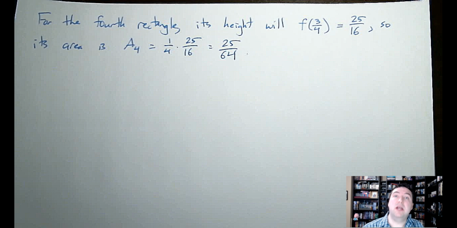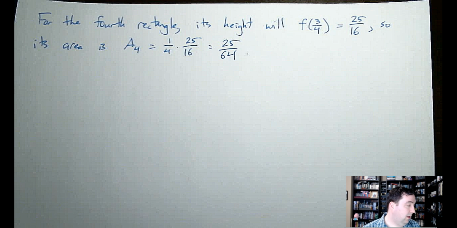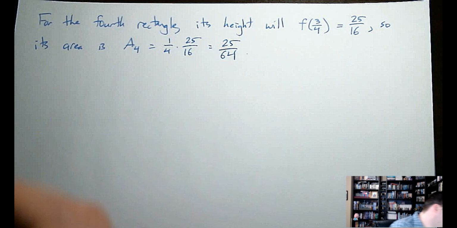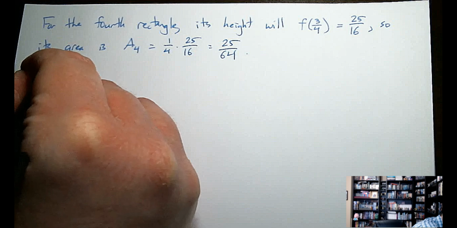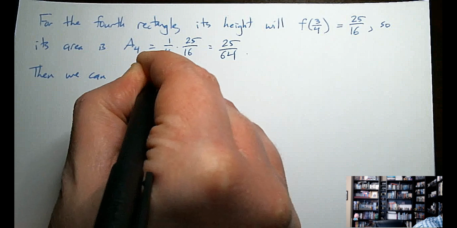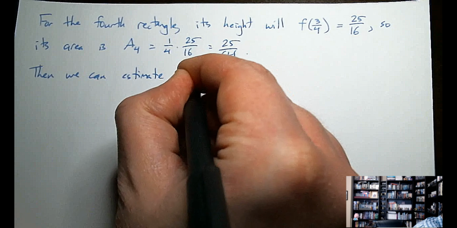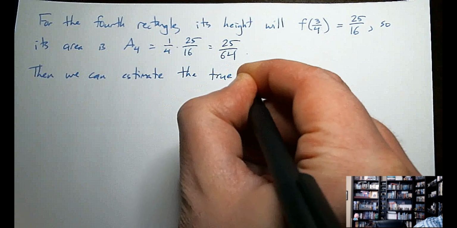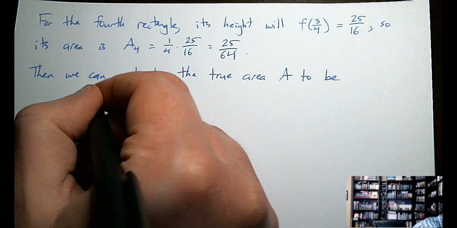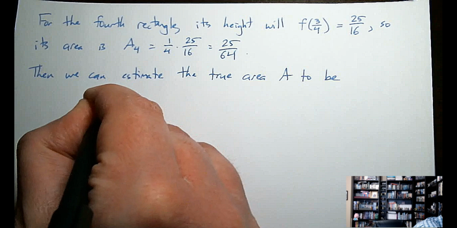We've got the area of each of the 4 rectangles we're using to approximate our region R. And so then, to get the approximation of the area A, we're just going to add these 4 areas up. So we can estimate the true area A to be... But we know this isn't going to be right.